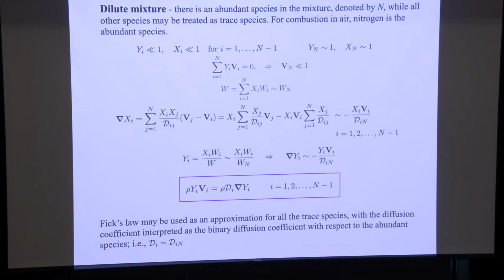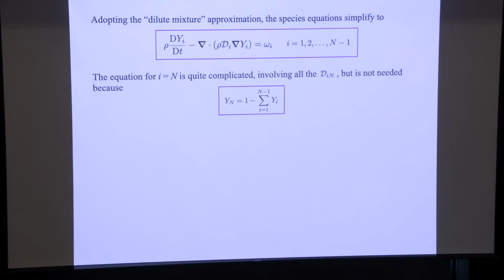Okay, so now when you plug this into the diffusion term, you get a simple equation for the mass of species i, which is in the form of rho times dY_i/dt, the time rate of change of the mass fraction, being due to diffusion and chemical reaction.